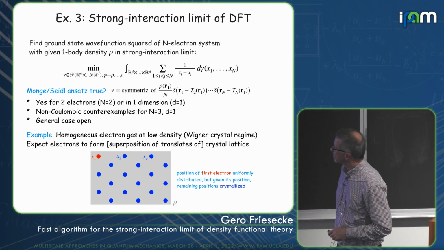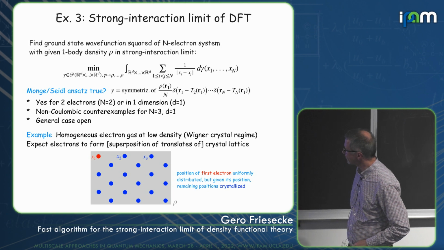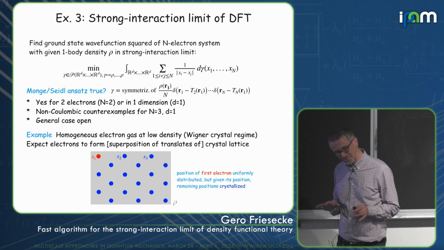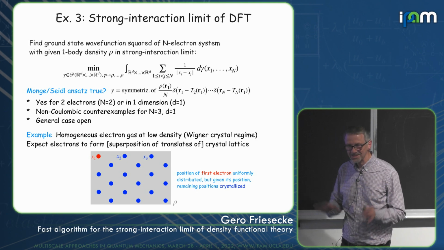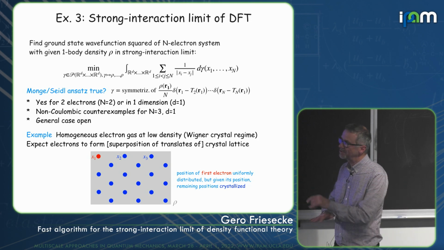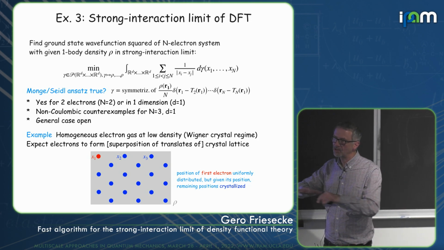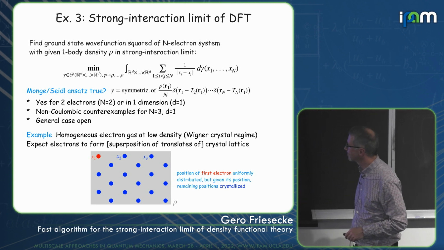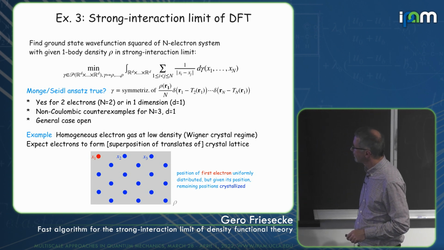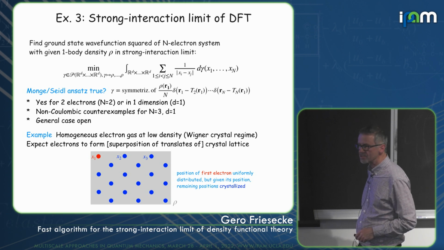Okay, so I give you an example, a special case of the physics of the Seidel ansatz. If you believe in Wigner crystallization, which I guess we all do. I mean, nobody has proved it, but we believe in it. When you go in a homogeneous electron gas to a very low density, what is expected to happen is that the electrons form superpositions of translates of a crystal lattice.